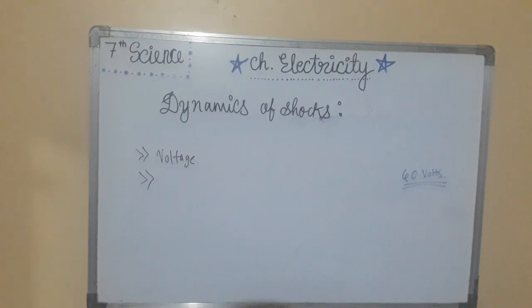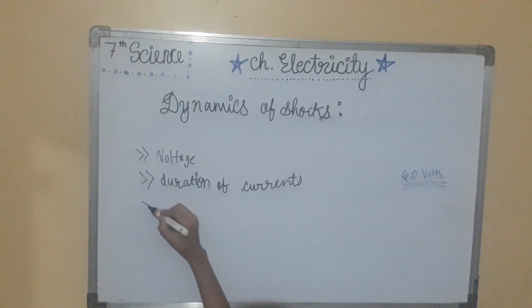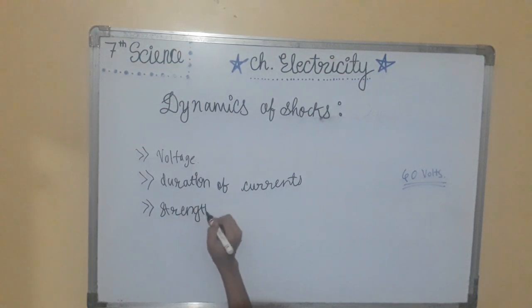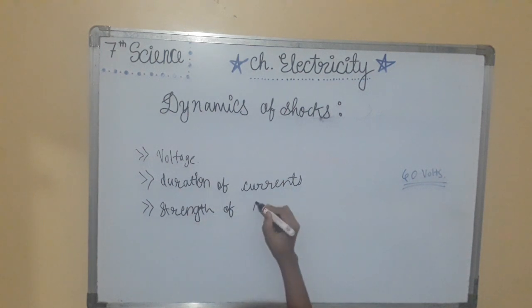Second is duration of current. Third is strength of current.